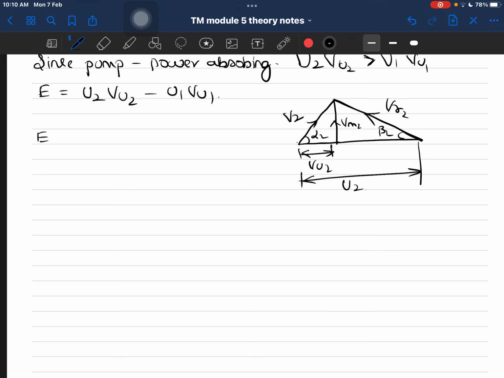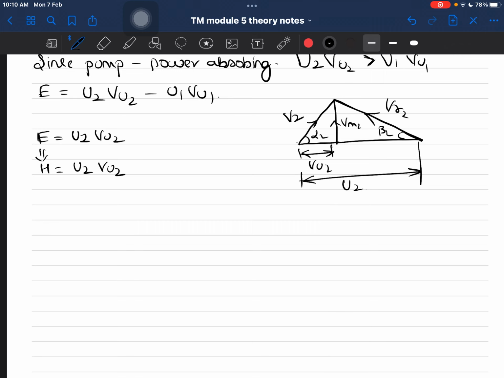E is equal to U2 VU2. Remember, the energy developed here is nothing but the head developed. So I will take this as nothing but the value of H, which is equal to U2 VU2.